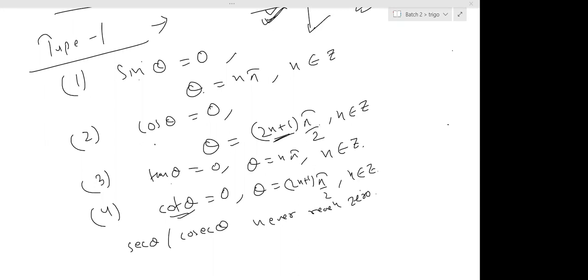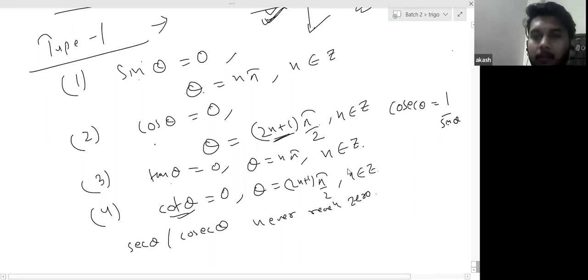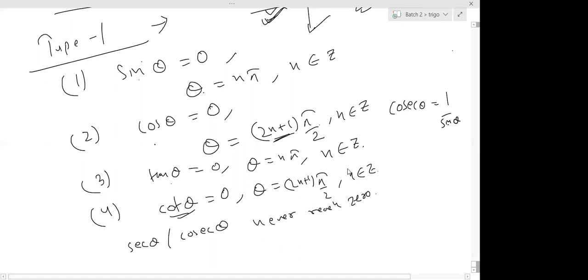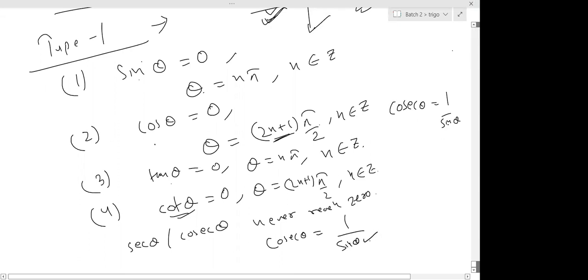Sir, can you say why sec and cosec never reach 0? All right. See, cosec theta is 1 upon sine theta. So cosec will be 0 when sine theta will be infinite, right?